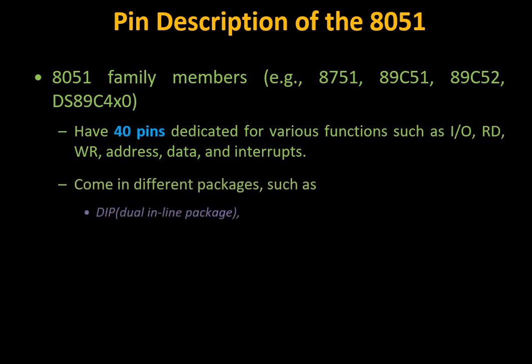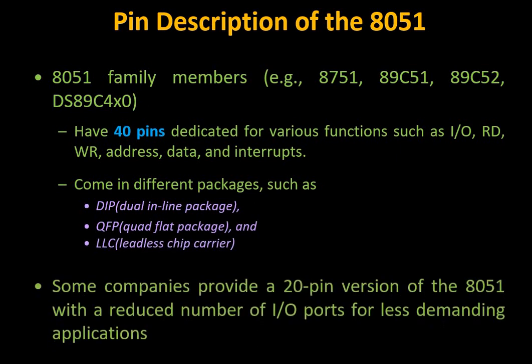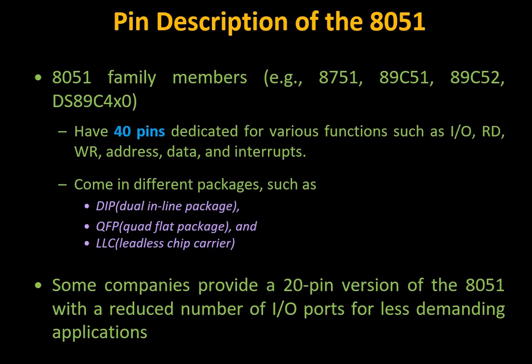The 8051 family members have 40 pins dedicated for various functions such as input output, RD, WR, that is read, write, address, data and interrupts. They come in different packages such as dual in line package, QFP, that is quad flat package, and LCC, that is leadless chip carrier. Some companies provide a 20 pin version of the 8051 with a reduced number of input output pins for less demanding applications.